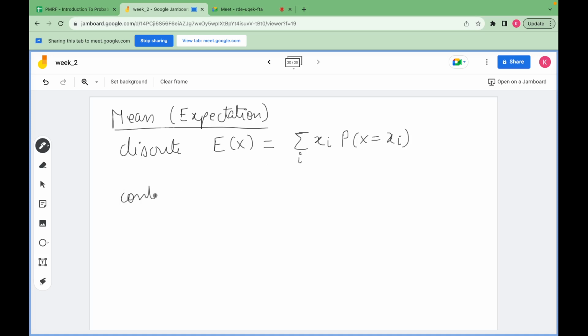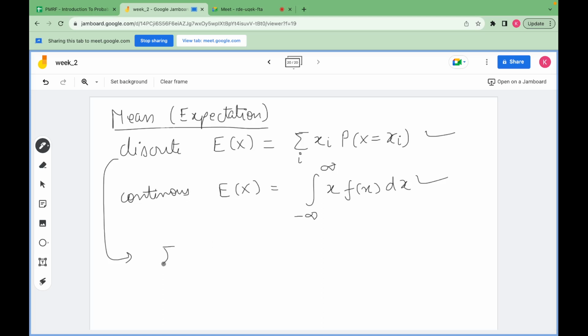For continuous, the expectation will be the integral from minus infinity to infinity of x f(x) dx. And these both will exist only if this sum exists, that is, has a finite value.